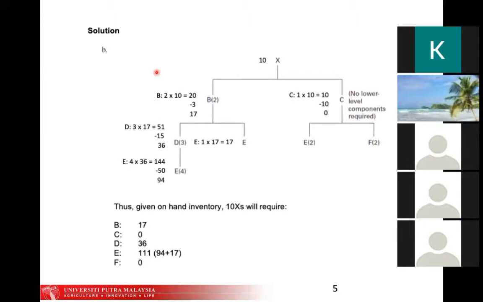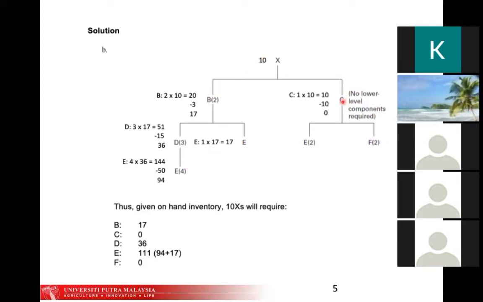Here we can see the product structure tree for X. It has three levels. Level 0 is X, level 1 is B and C, level 2 is D, E and F, and level 3 is E. From this product structure, each X requires 2B and 1C.